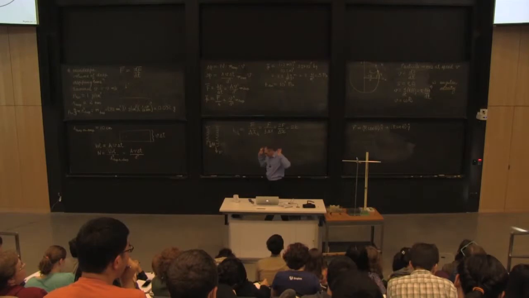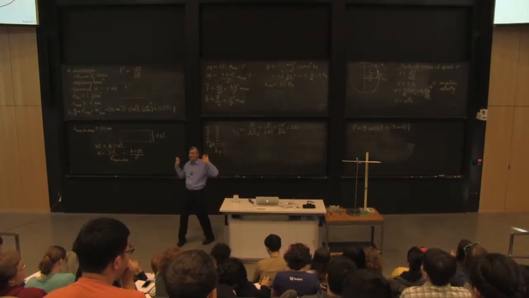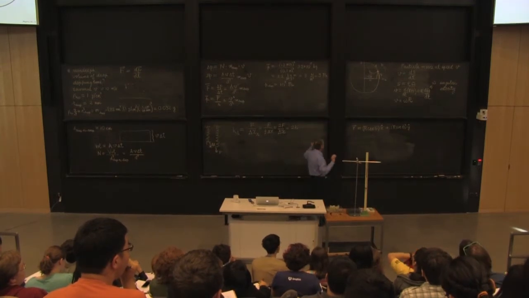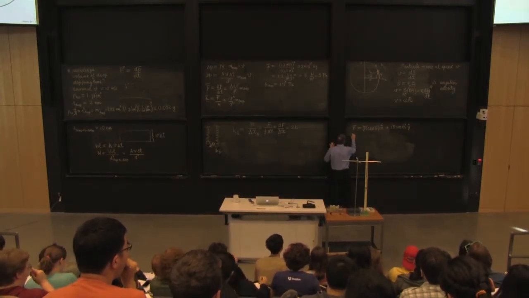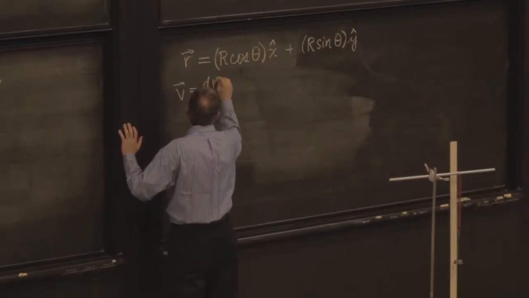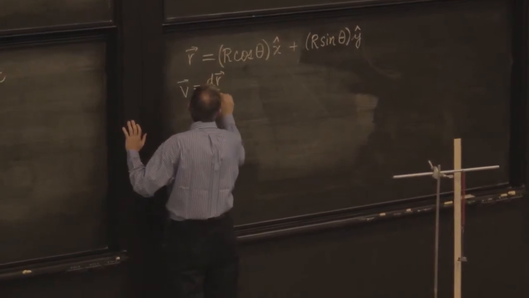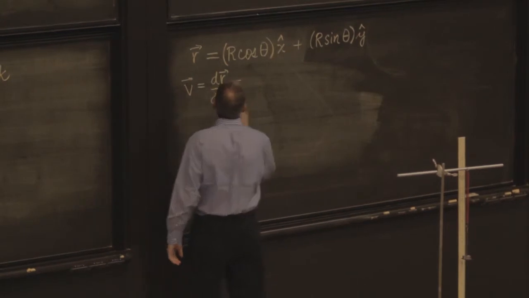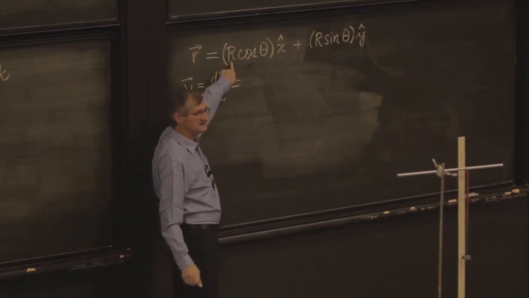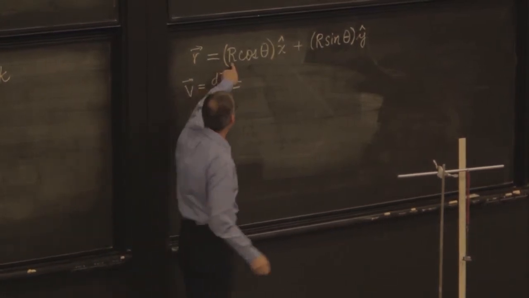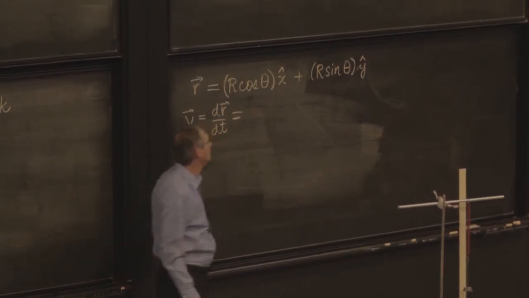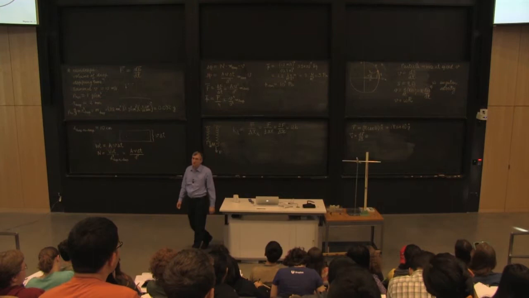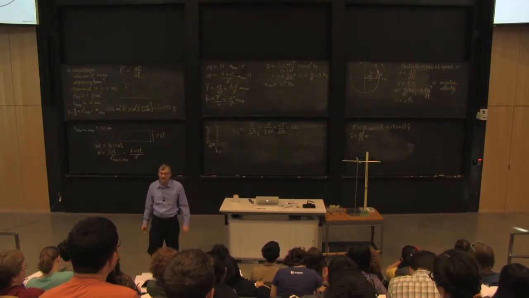So now it's child's play. We know how to go from position to velocity. What do I do? Differentiate. v is equal to dr/dt. r is a constant, we're assuming, so that comes out. How do I take this derivative? Whose rule do I need?